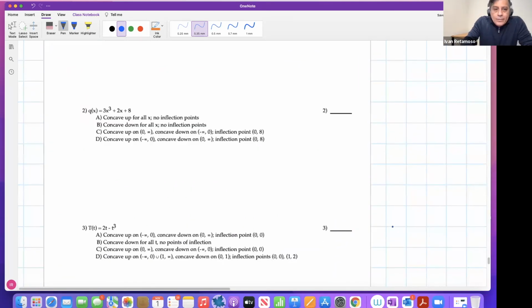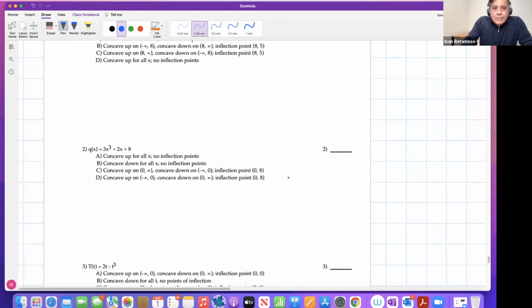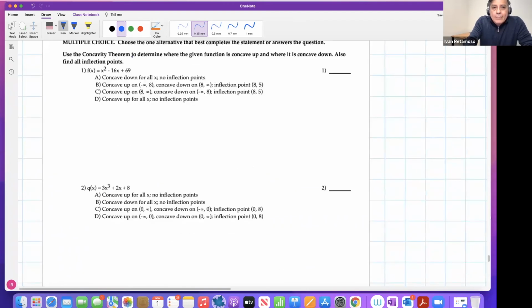On number 2, the instructions say: use the concavity theorem to determine where the given function is concave up and where it is concave down. Also find all inflection points, okay?